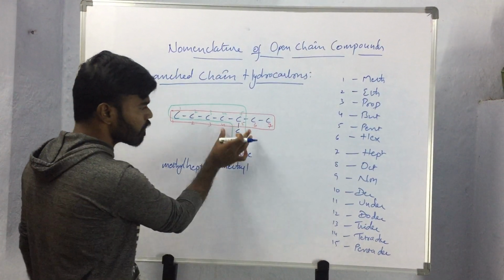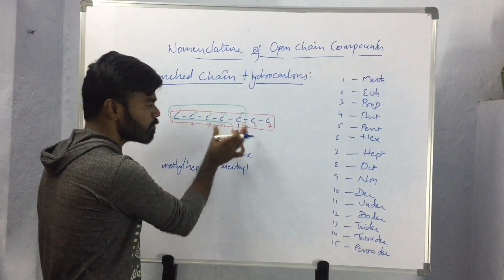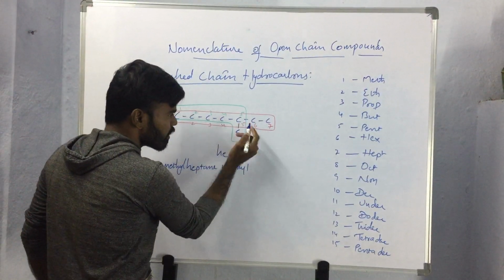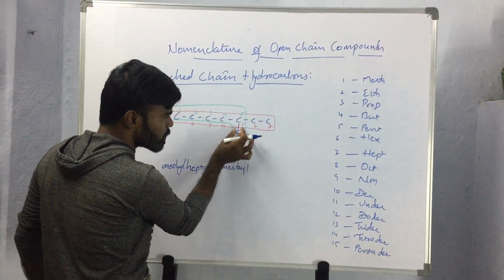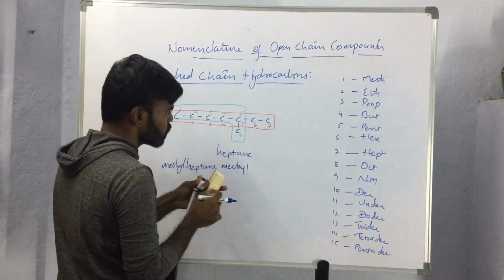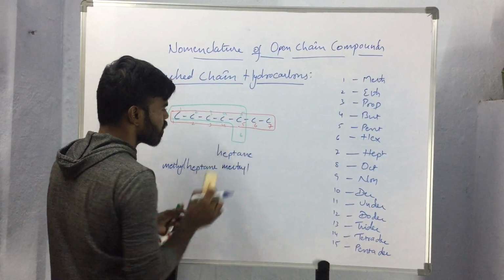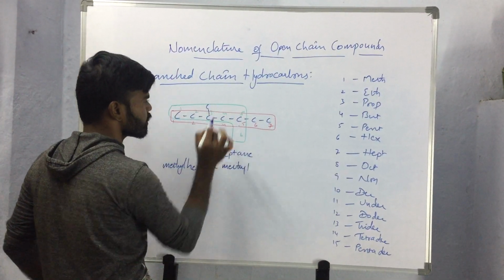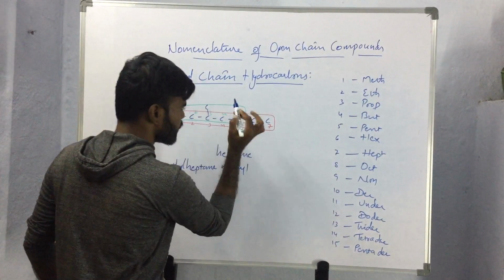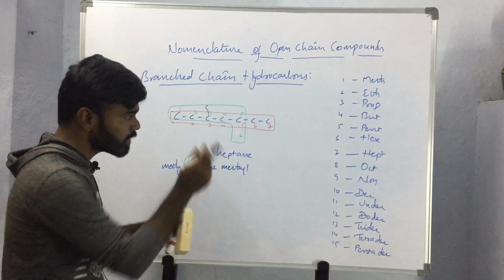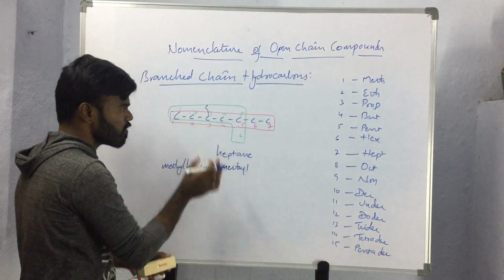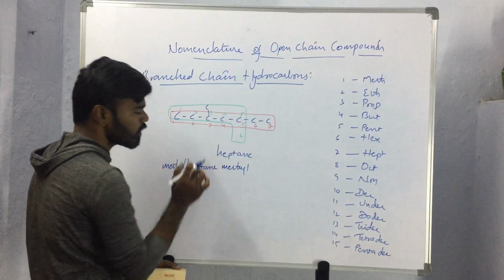Here we have to remember one thing. Let us say, for example, this carbon substituent is present here or here or here somewhere. In that condition also, this compound will be called methyl heptane only.